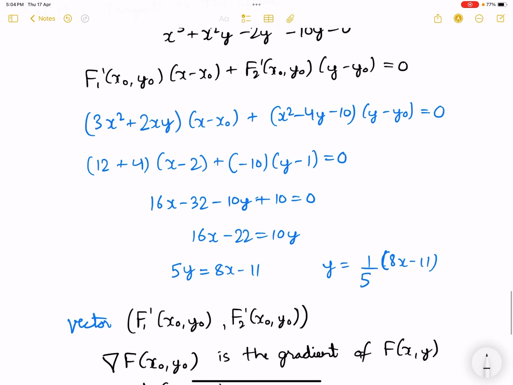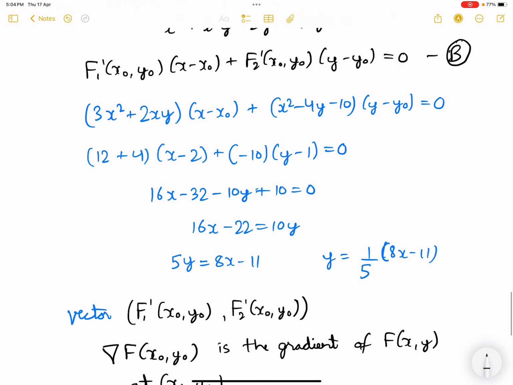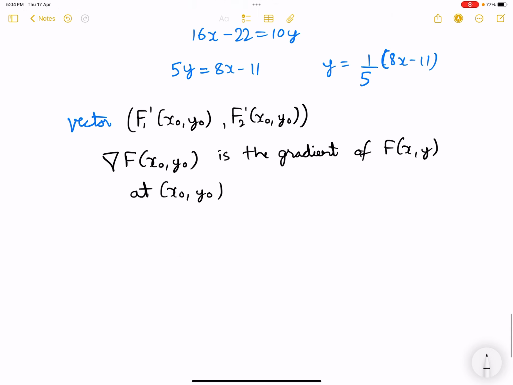And this particular thing, which I am writing as equation B, can be written as this gradient dot product (x minus x naught, y minus y naught) equals 0.